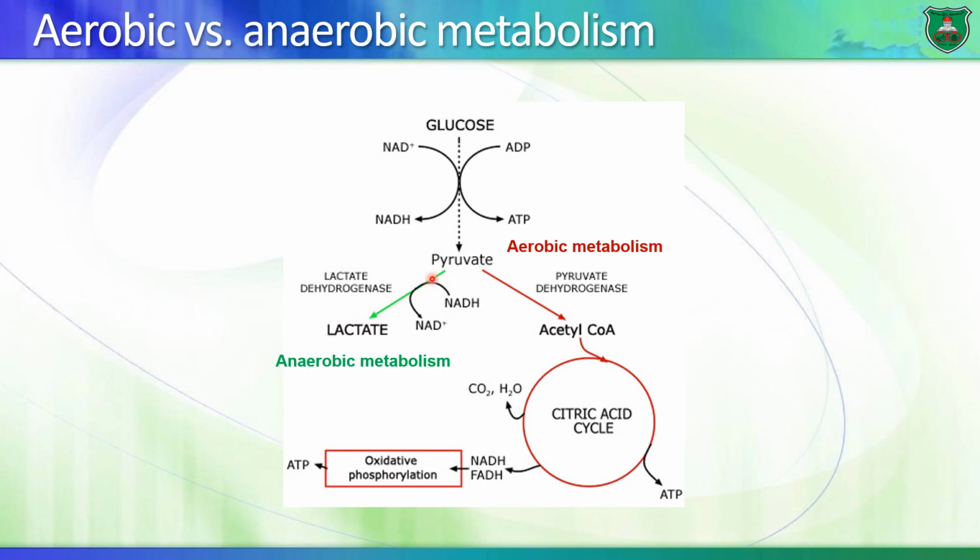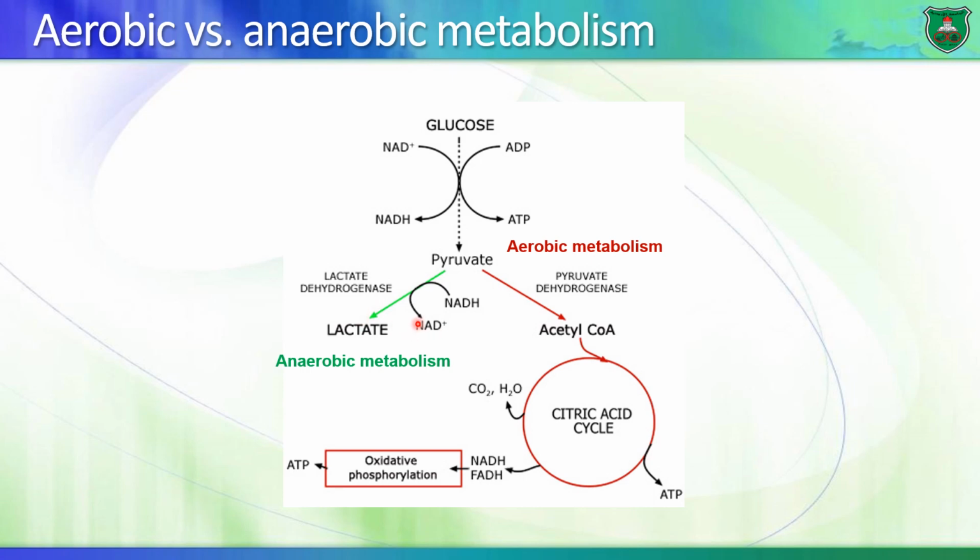This is the anaerobic metabolism. This reaction is catalyzed by an enzyme known as lactate dehydrogenase, and this is going to be our story for the next 5-10 minutes. Why do you have this reduction of pyruvate to lactate?